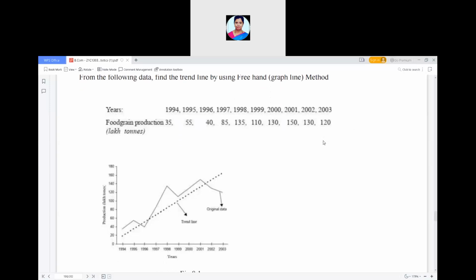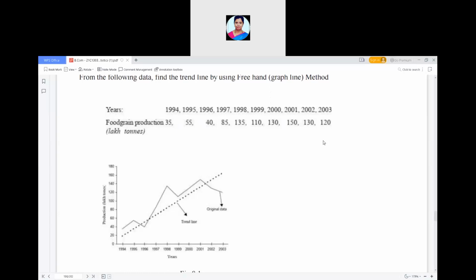The food grain production data varies from 35, 40, 85, up to 150, so the least value I can have is 20, then 20, 40, 60, 80, likewise, in this order on the y-axis.